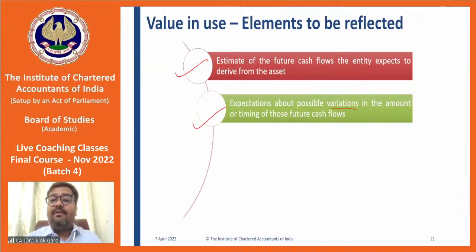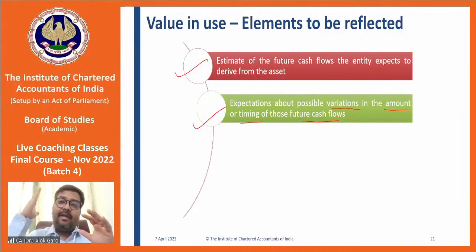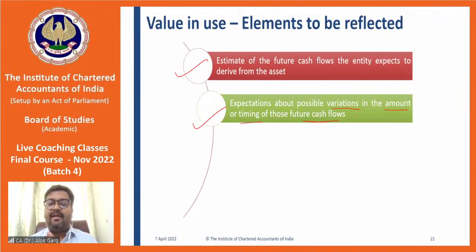Expectation about possible variation in the amount or timing of those future cash flows, right? So you need to estimate the possible variation in the timing as well. When will my terminal value come? Of course, the terminal cash flow will come at the end of the life of the asset.